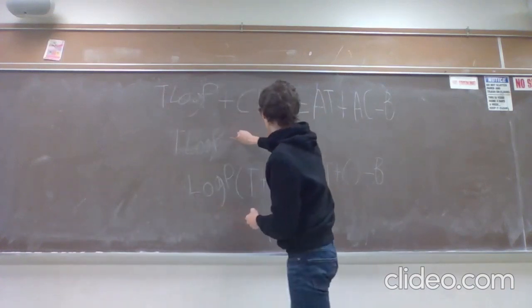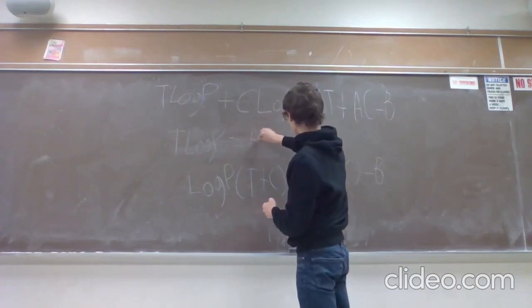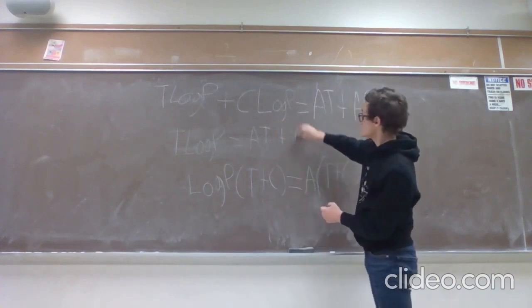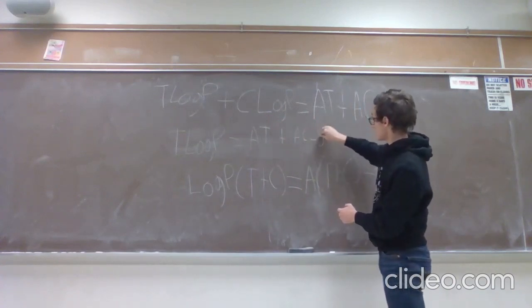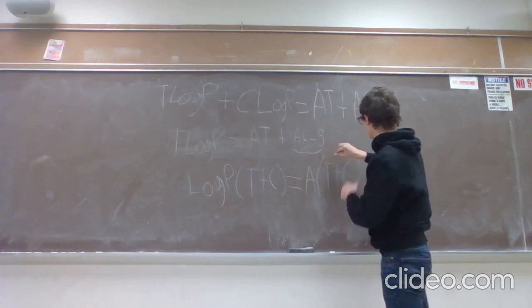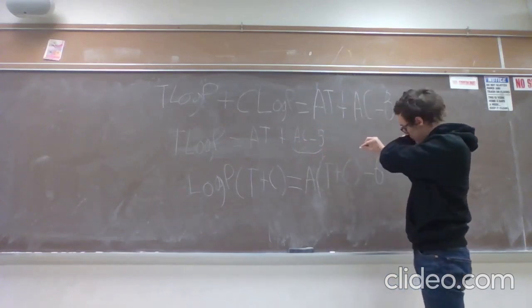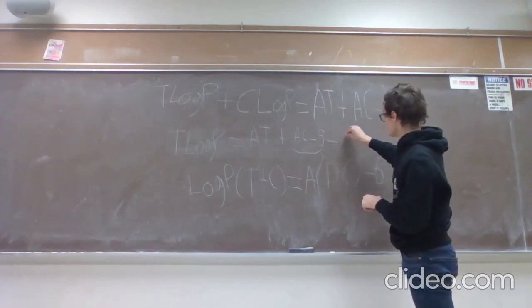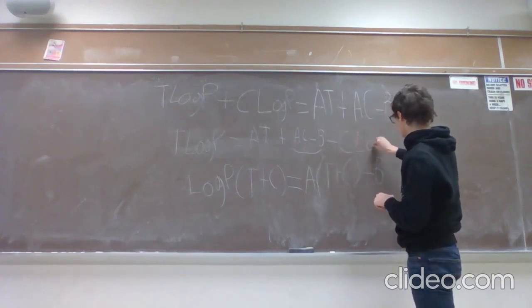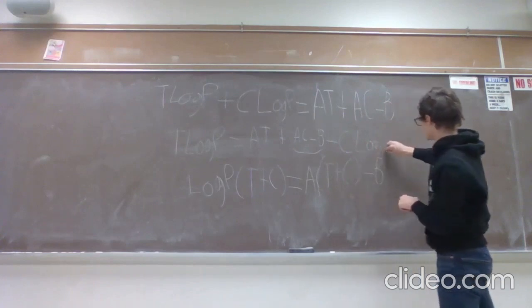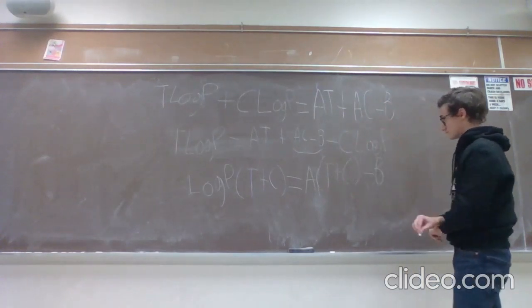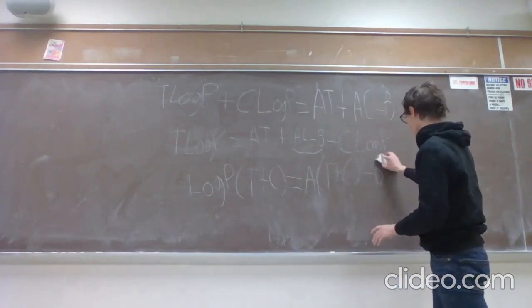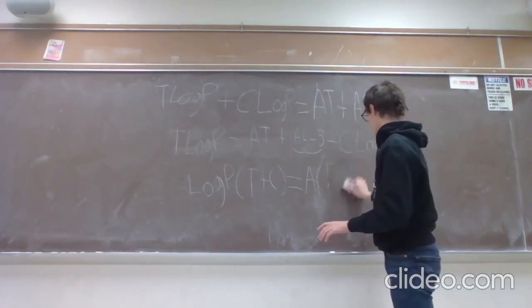So we get T log P equals AT plus AC minus B minus C log P. And let me erase our bottom term real quick so we can start working with this.